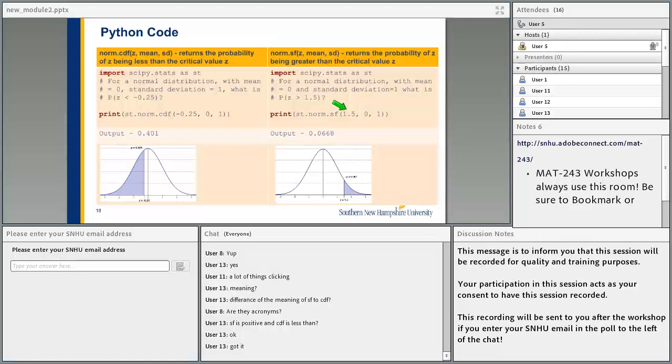In that case, let me see if I can draw it, if I mark negative 0.25 somewhere here, I can still find the area of this region. So remember it as to the right and to the left instead of positive and negative, because you can still have a negative value and find the probability of getting a value greater than that value.